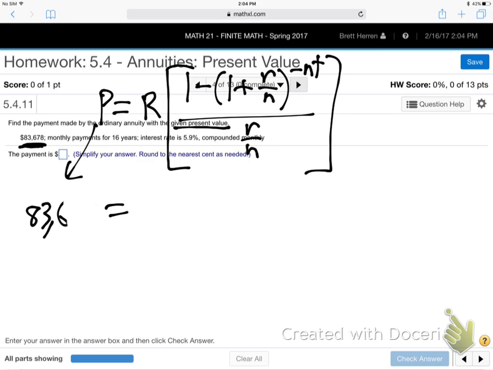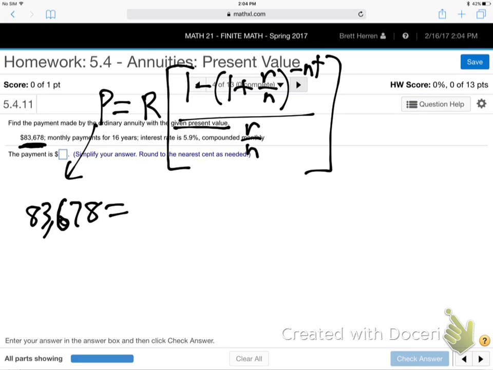So they're saying, all right, you're going to buy a house that's $83,678. That's the present lump sum. That's the current value of your house.